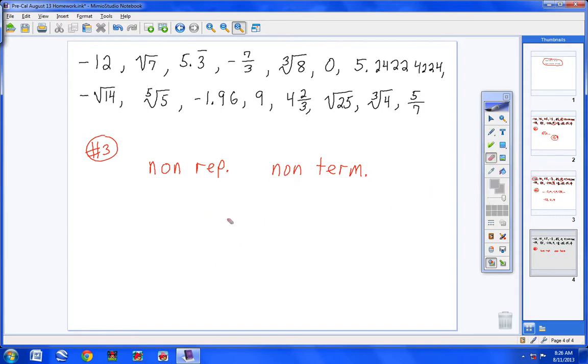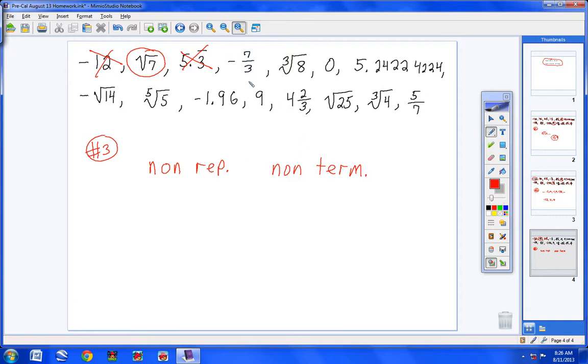Alright, with that in mind, let's figure out the irrational numbers. This one is obviously just a whole number or an integer. If you type the square root of 7 into your calculator, you get a number that goes on and does not repeat, so this is an irrational number. This repeats, 5.33333. You're looking for non-repeating. This repeats too.